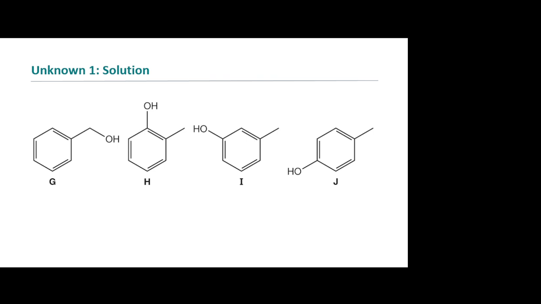I haven't taught you this part yet, but with what I've taught you so far, this is as far as you can go, and you would have to figure out some more evidence to determine which one this is. There's not really any way with how I've taught you so far to subdivide these. What we would actually have to do is look at more of the fingerprint band region and the number of groups.